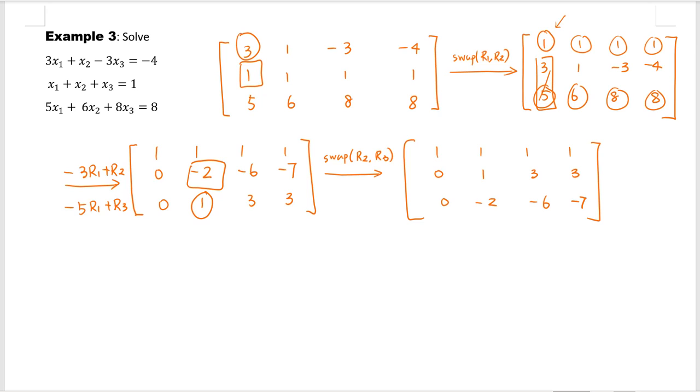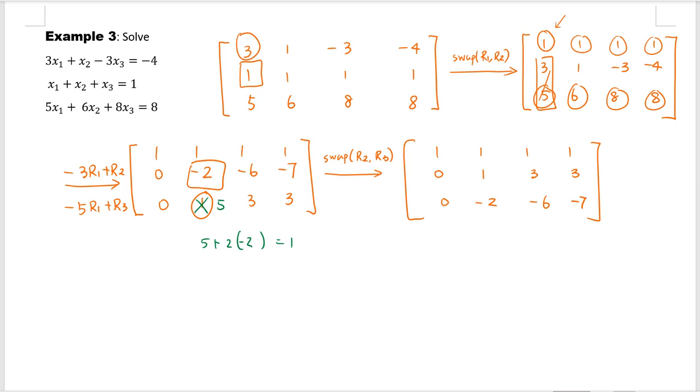If this guy is not 1, if this guy is 5, how do you create 1 there? Well, you think about 5 and negative 2. How do you get 1? 5 plus 2 times negative 2 is like 5 minus 4, which is 1, right?